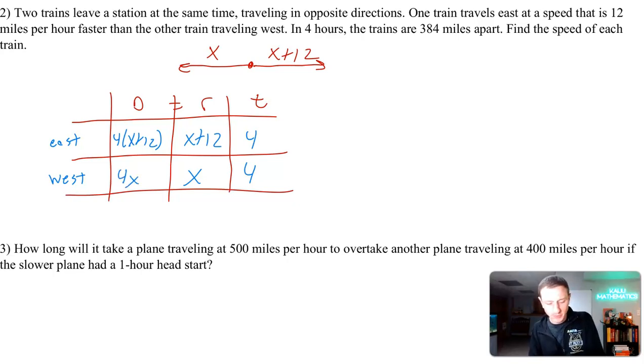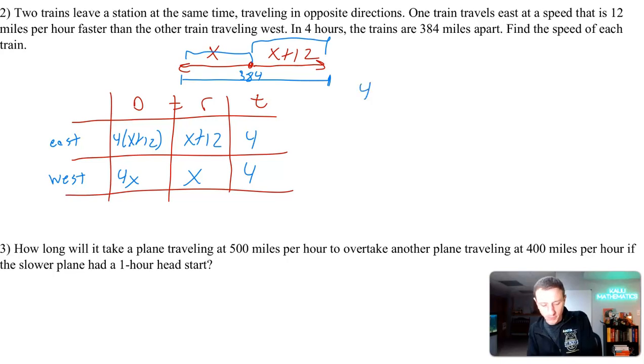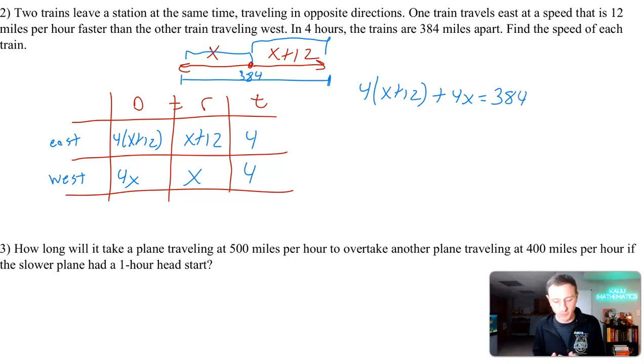After those 4 hours, we snapshot, and the distance between the two is 384. So however far this train traveled, plus however far this train traveled, is going to be 384 miles. So it'll be 4 times x plus 12, plus 4x, equals 384. I guess not the total trip, but the total distance between the two trains at that moment in time.